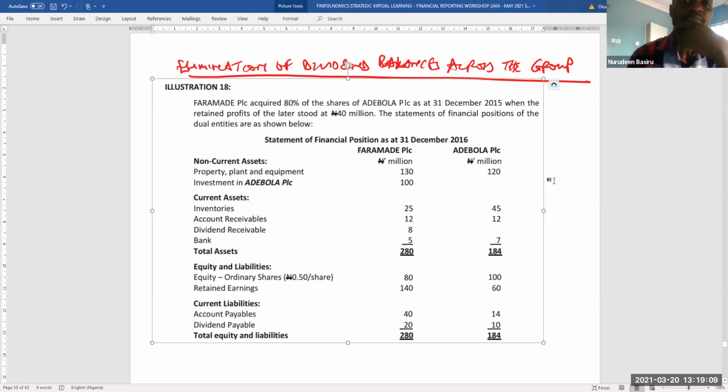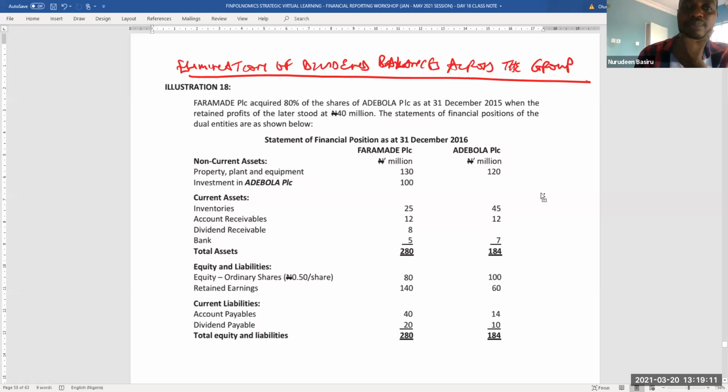Illustration 18. Paramade PLC acquired 80% of the shares of Adebayo PLC as at 31st December 2015, when the retained profit of the latter stood at 40 million. The statements of financial position of the two entities are as shown below. Statement of financial position as at 31st December 2016. Paramade PLC, Adebayo PLC. All figures in million.